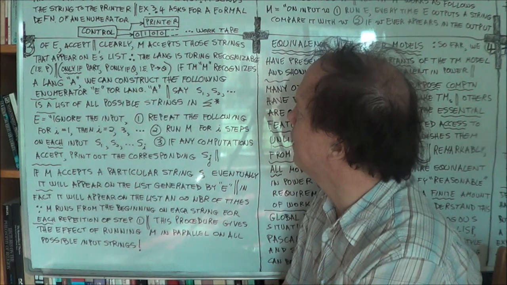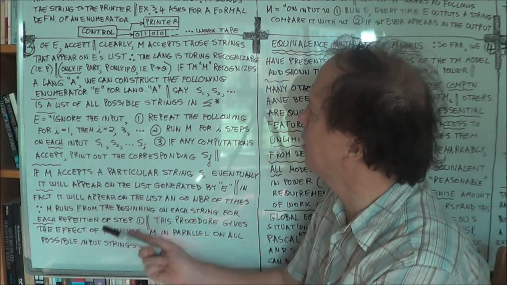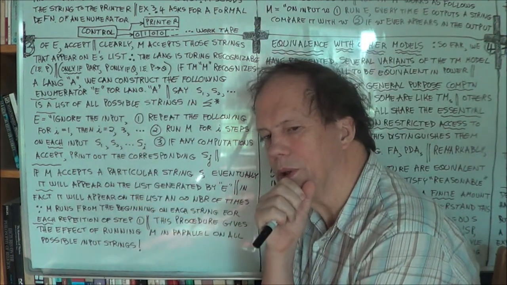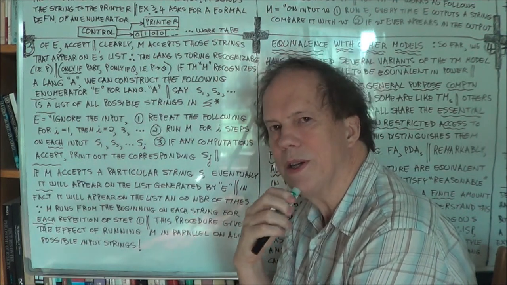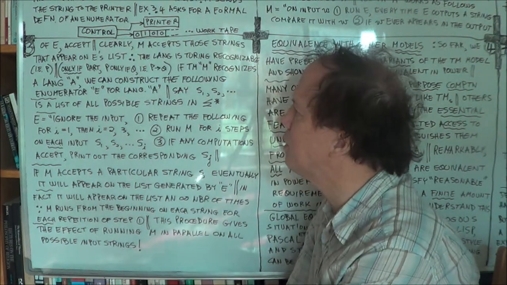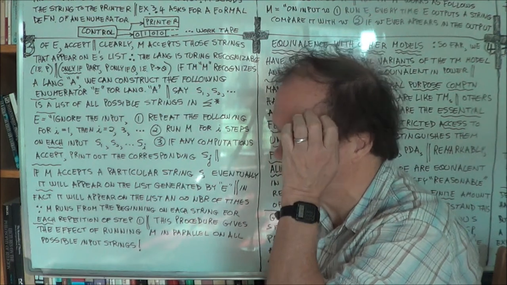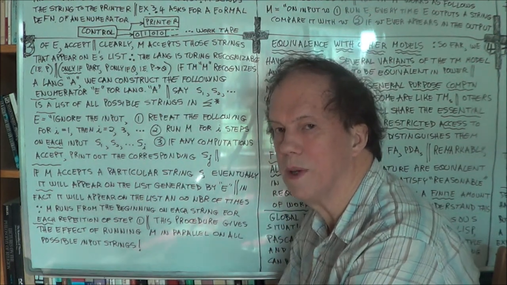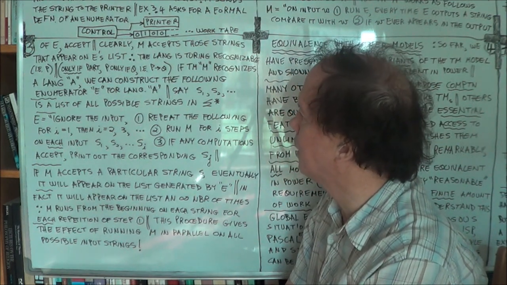Now how to do that? It'll be a proof by construction. In a sense, on paper, we will construct an enumerator, a machine E, for the same language A that's recognized by the standard Turing machine M. Okay, how to do that?